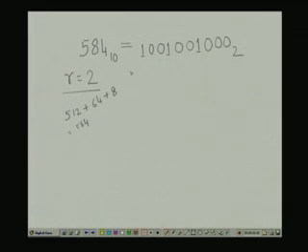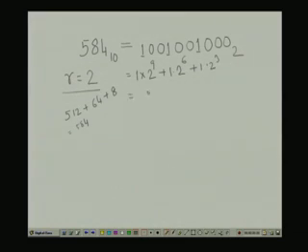Just for checking, this is my 0th position, 1, 2, 3, 4, 5, 6, 7, 8, 9. That means 1 into 2 to the power 9 plus 1 into 2 to the power 6 plus 1 into 2 to the power 3.